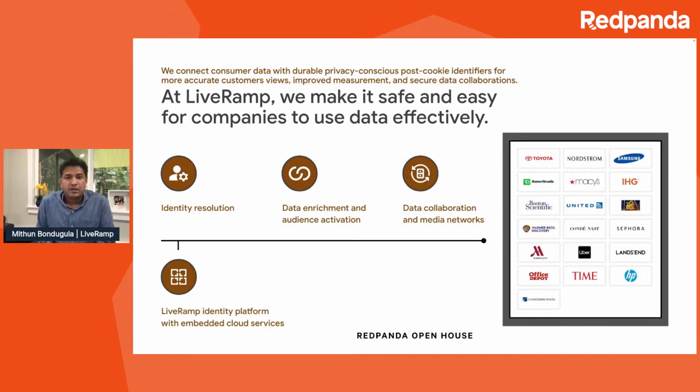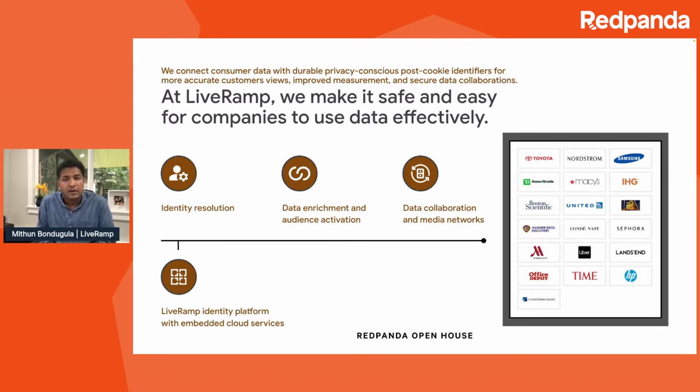So let's talk a little bit about LiveRamp. One of the biggest challenges in the industry today is collaboration across the organization. It is even more complex when collaborating using consumer data. Consumer data can be offline attributes like name, phone, address, and zip code, which change often and do not have a consistent representation, and online attributes like IP address and device ID.